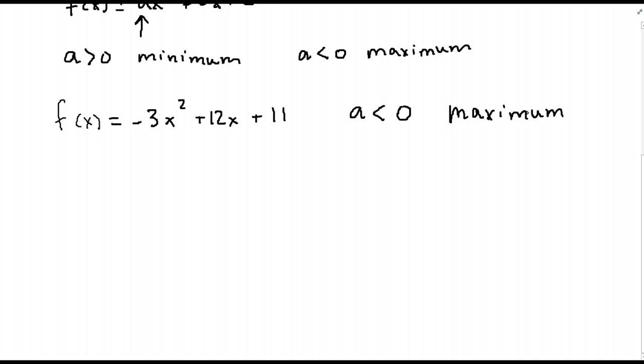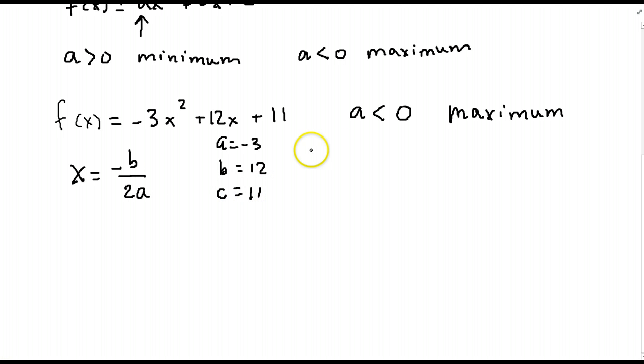But where is that maximum value? The way we can do that is we look at the equation for the axis of symmetry, which is x equals the fraction -b over 2a. And we determine our axis of symmetry. So let's plug those numbers in. We have a equals -3, b equals 12, and c equals 11.